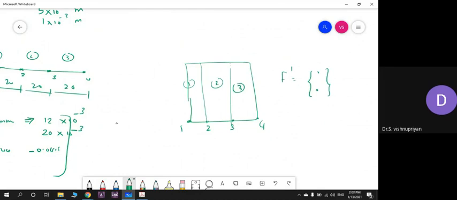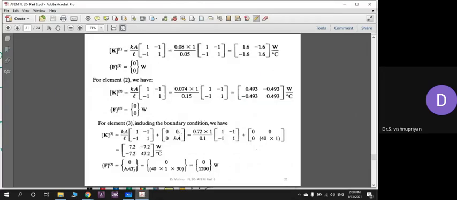Now for the third element, the third node does not have any convection. It has only conduction. But the fourth node is exposed to air. So only in this position you have to write HA. That is what is done here: 0, 0, 0, HA.